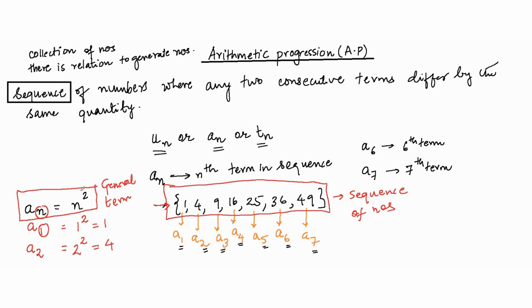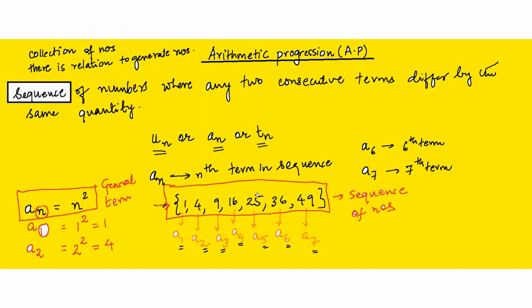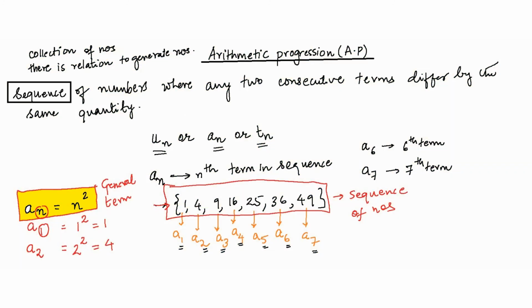And the formula that helps you generate any term of that sequence is called the general term of that sequence. So this is the general term, while this whole collection of numbers is the sequence that you generate.